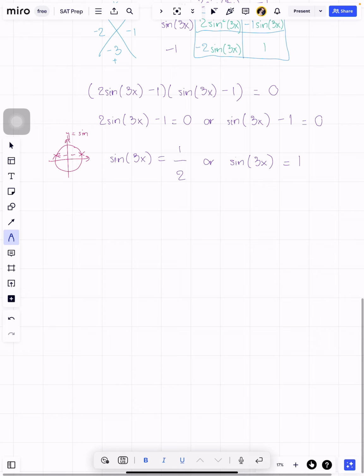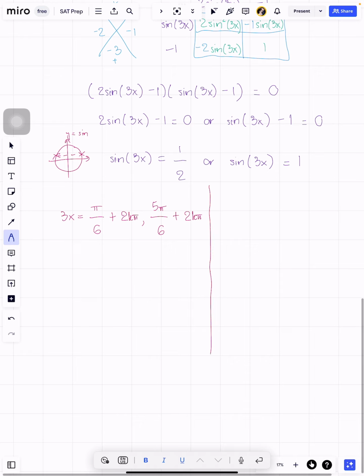So I would have 3x equals pi over 6. Don't forget the plus 2k pi. And then the other angle family would be 5 pi over 6 plus 2k pi. Let's finish one problem before we answer the next problem on the right side here. Let's just slide them up like this.